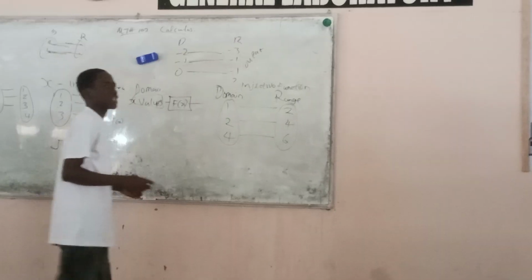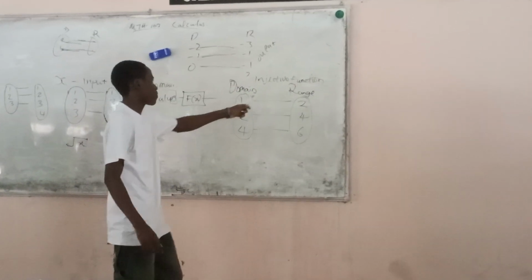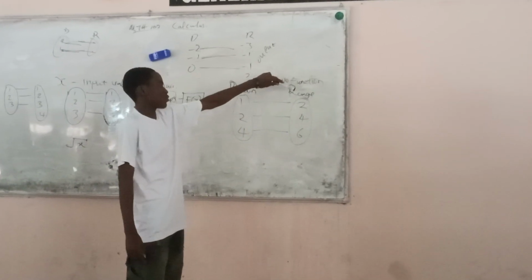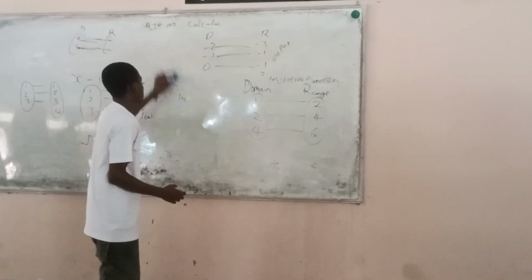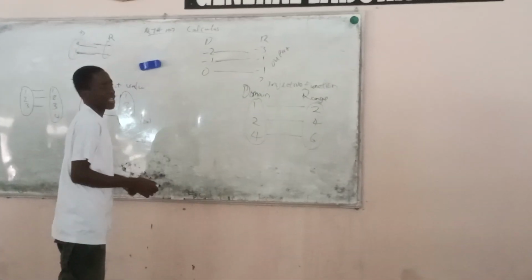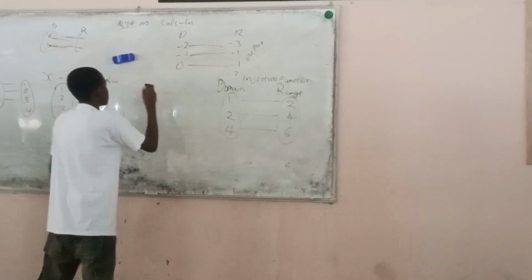This is an example of an injective function, whereby the domain is mapped in a one-to-one correspondence to the range values. Surjective: the range value is mapped one-to-one to the domain value.